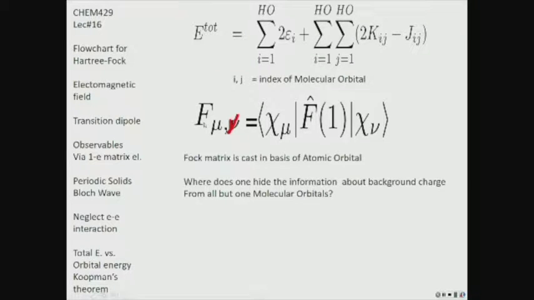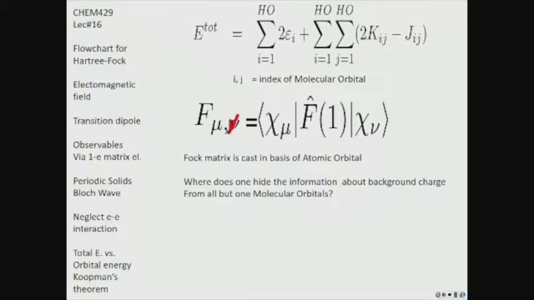But when we develop this flowchart, there is a little missed item. It's not a big paradox, but it is a thing that we haven't focused on. When we formulate the Fock matrix, it is formulated in the basis of atomic orbitals. But it needs to take into account the influence of many electrons.